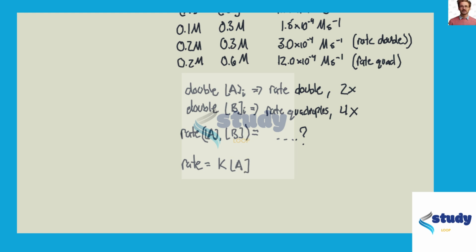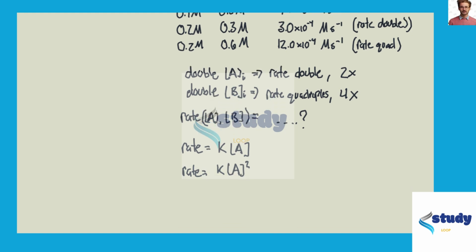meaning that it is linear in A, or an option might be rate equals K times A squared, meaning it's quadratic in A. And what we're supposed to notice is that, let's say we double A, right?